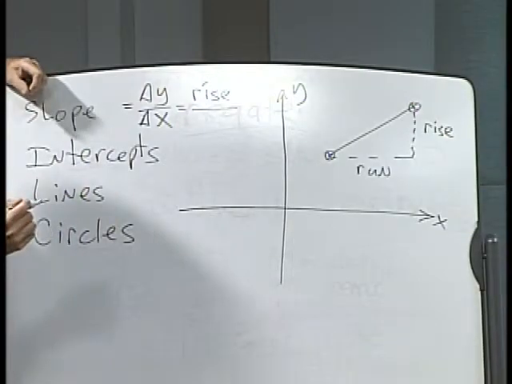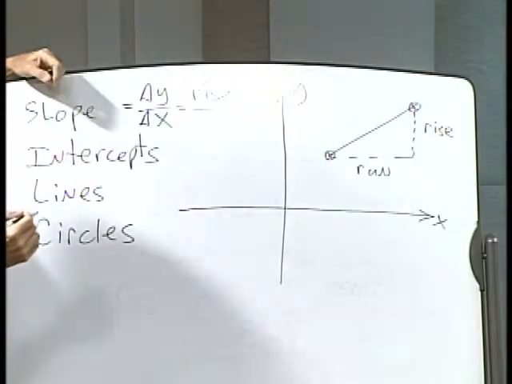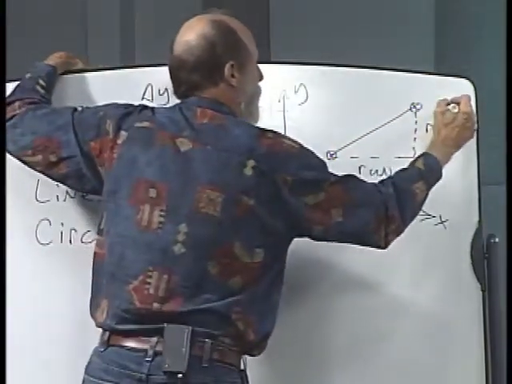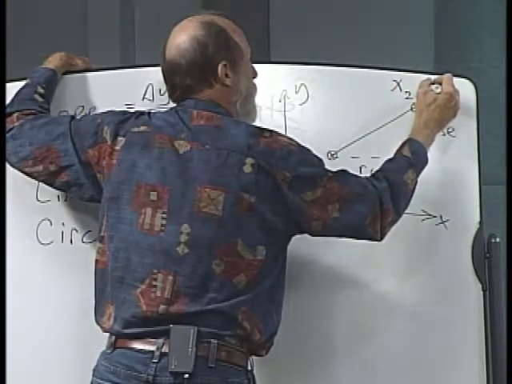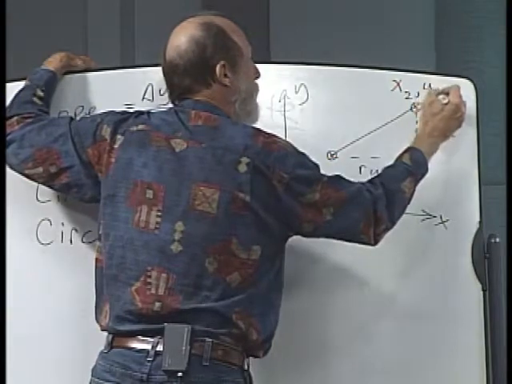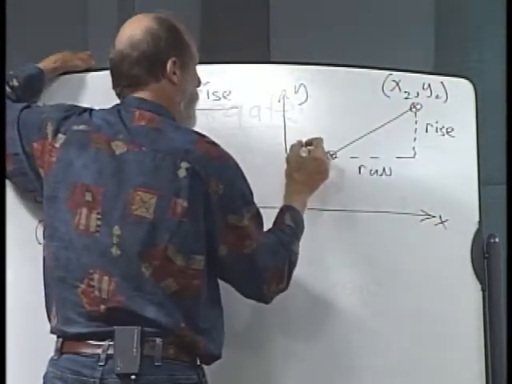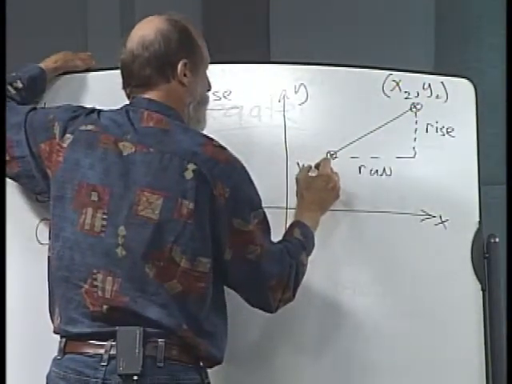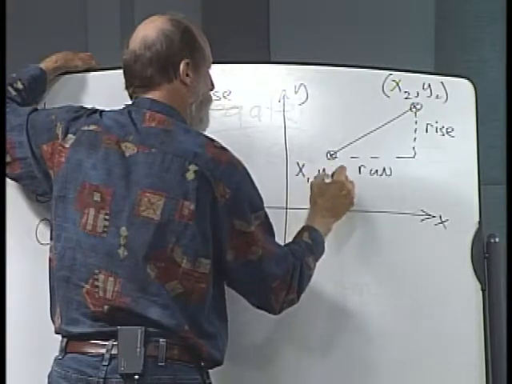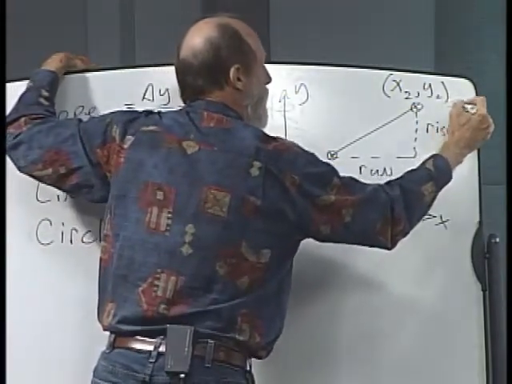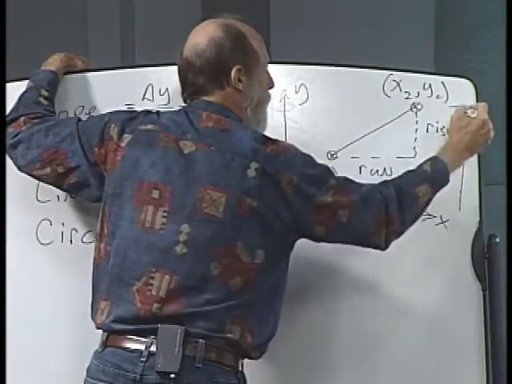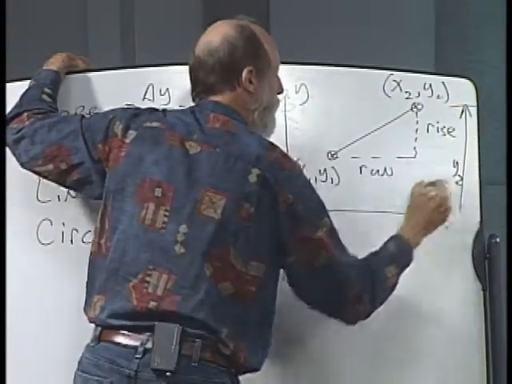Now I'd like you to observe a couple things about these points that I put up here. This right-hand point, let me go ahead and label it using some algebra, x subscript 2, y sub 2, and this other point, x sub 1, comma, y sub 1. Notice that this second point over here on the right is up at this height, y2.